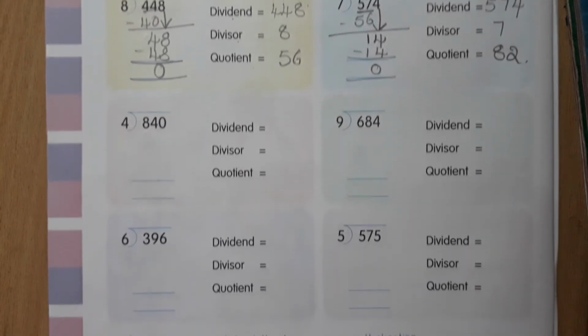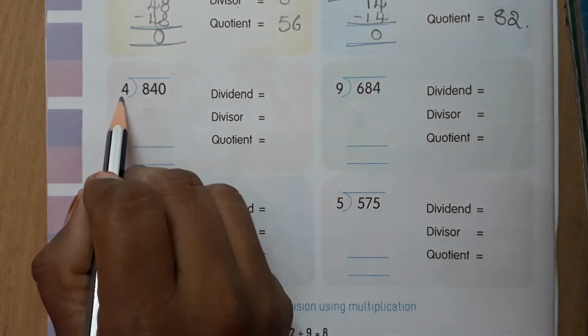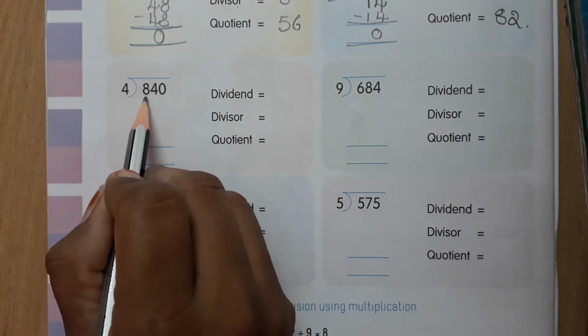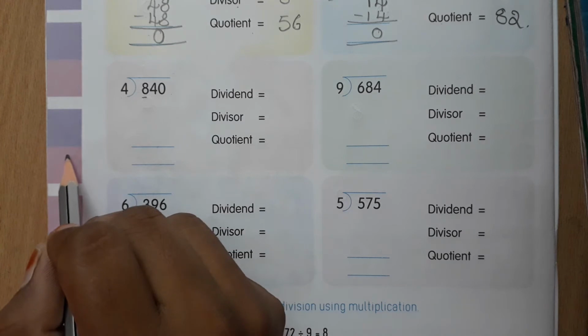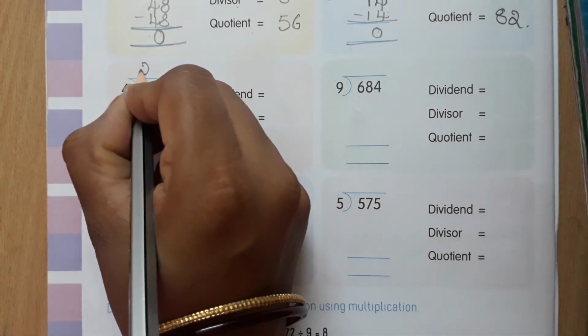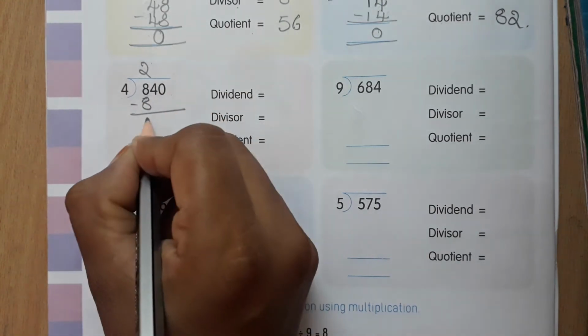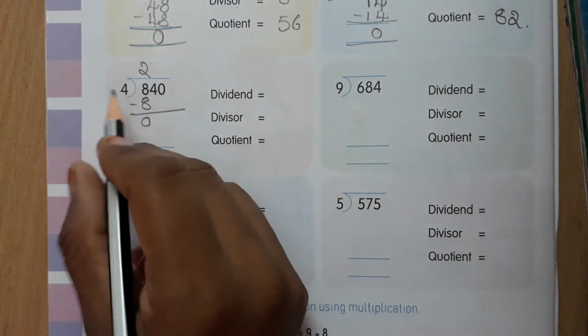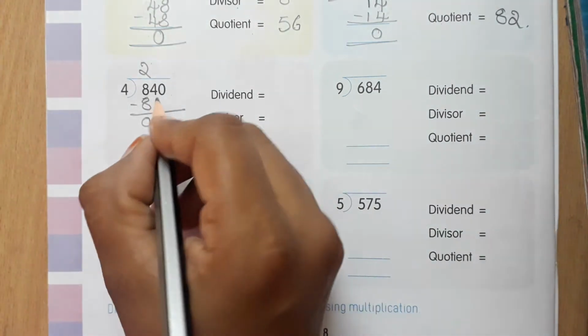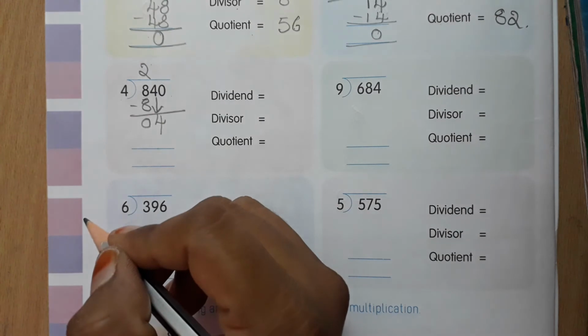Okay, next one, third one. 840 divided by 4. So take a single digit on the left side. 8 divided by 4. Yes, possible. How many times exactly divides? 2 times. 4 2s are 8. Now 8 minus 8, 0. Now 0 divided by 4, not possible. So write down 4. 4 divided by 4 is possible.